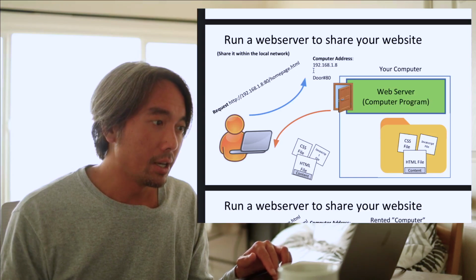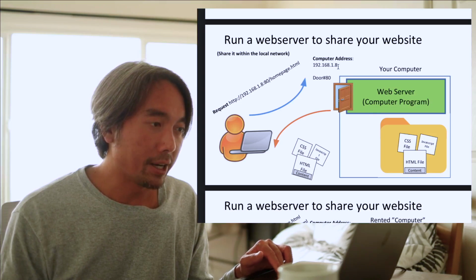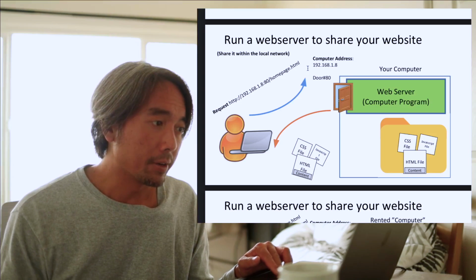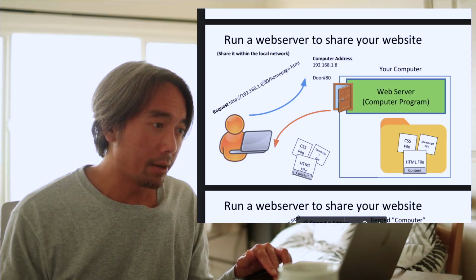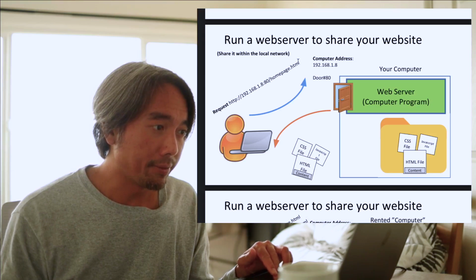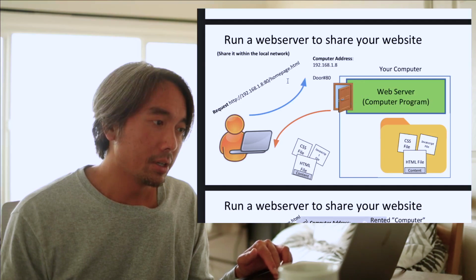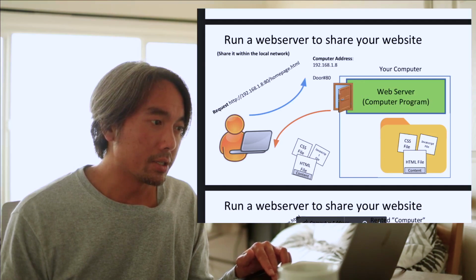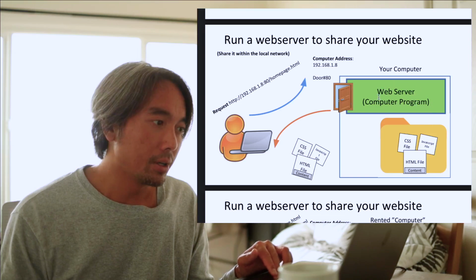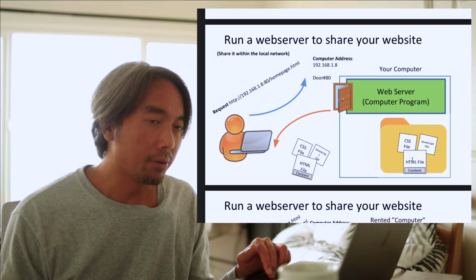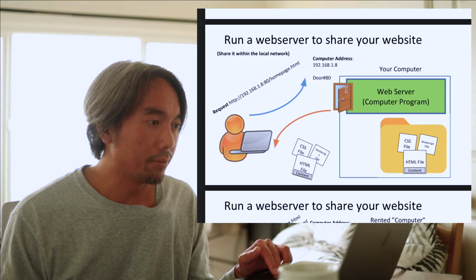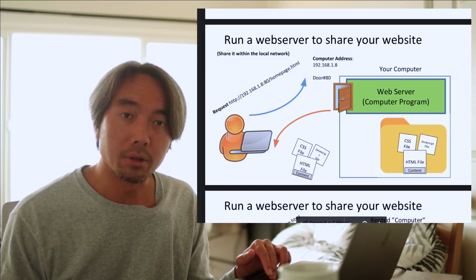The address of a computer is identified by its IP address. Once you have the address to the house, and you specify the file you want in that house, once that request is sent to the computer, this web server is going to look in your folder for that HTML file that was requested, and then send it out the door and back to the user.